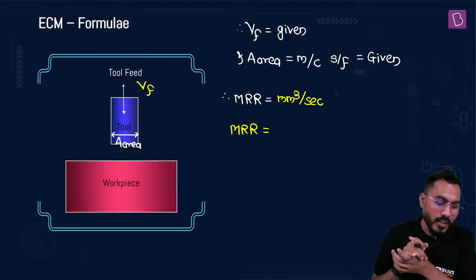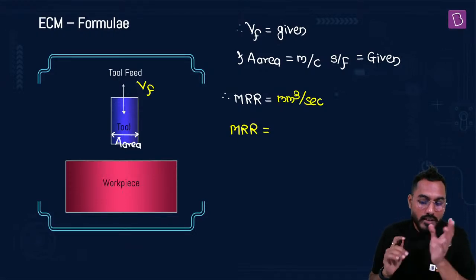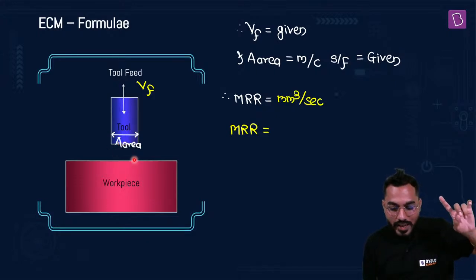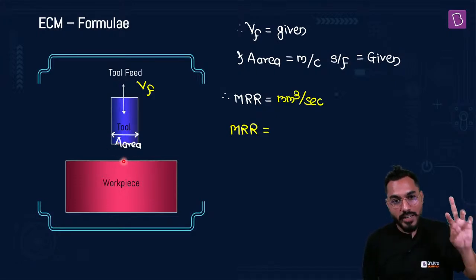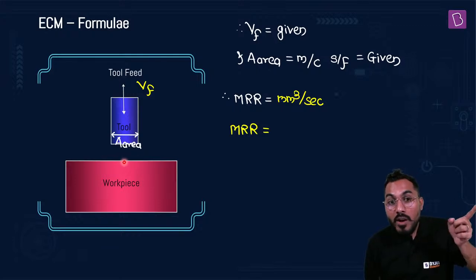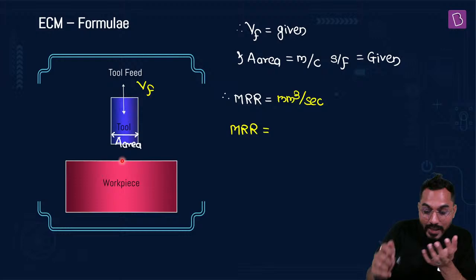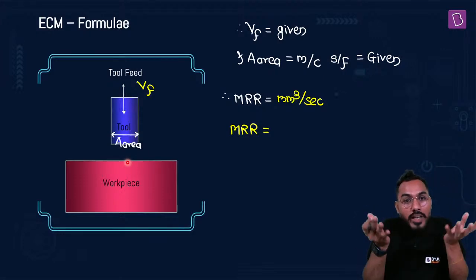Tell me that what is MRR. देखो भैया, can I say that area of the tool and area of the workpiece is the same? And this is the area from where material is removing, and what is the velocity by which the tool is feeding? Can I say the same is the velocity by which material removal takes place?